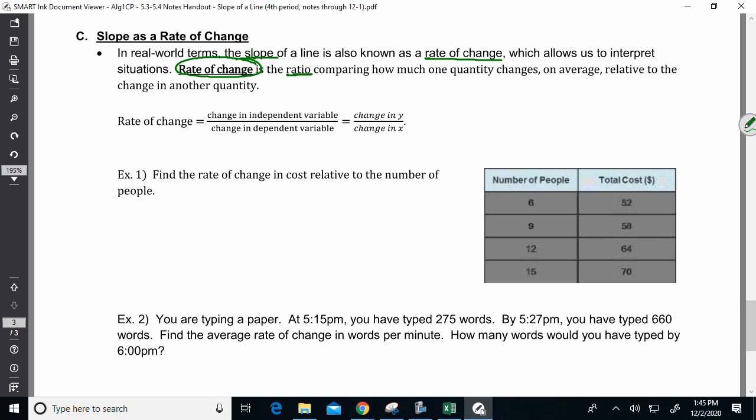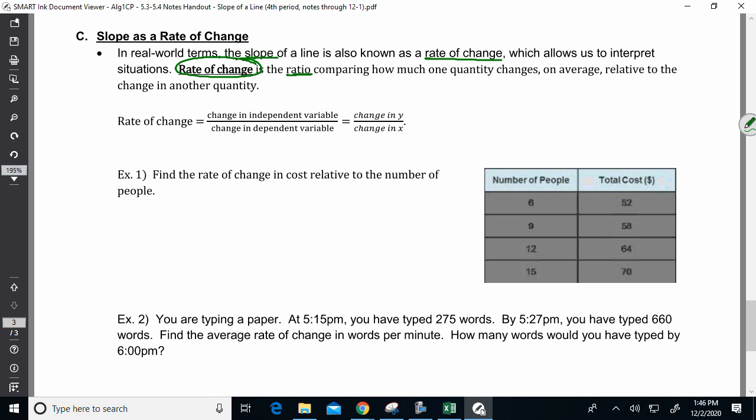For example, miles per hour is a rate of change. Dollars per hour is a rate of change. It tells how much money you make per hour. Words per minute is a rate of change. It tells you how fast you type per minute. So all those are rates of change. If you work out and you burn so many calories an hour, that's a rate of change.